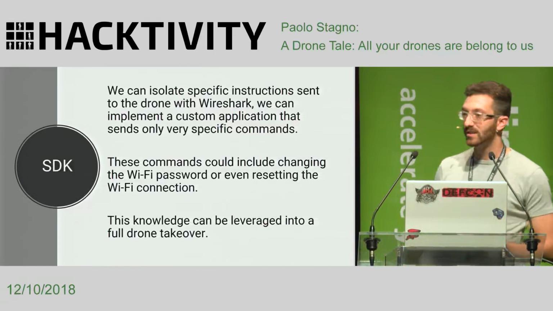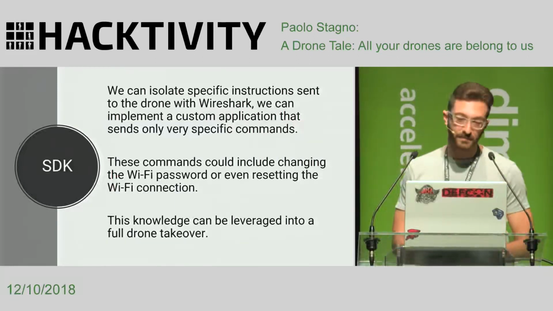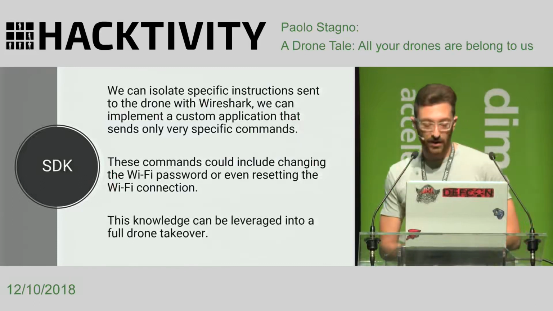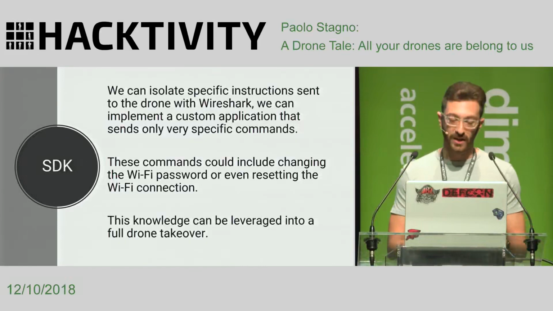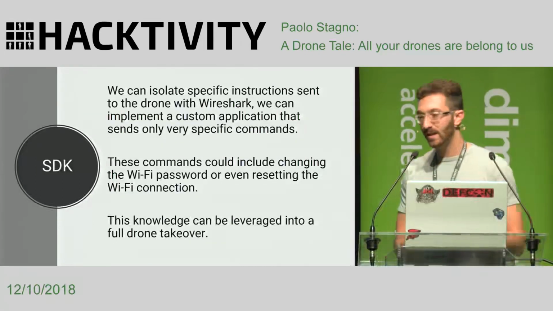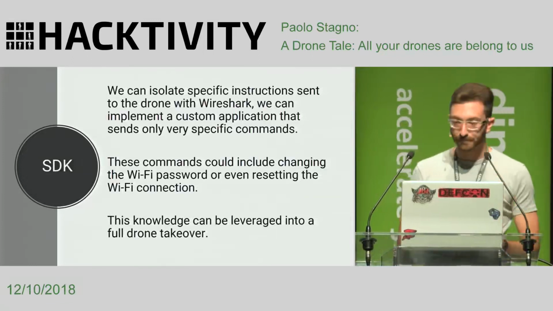But in the end, with some hammer technique, I managed to make it work. The main idea of the SDK is that DJI provides an SDK, and you can build your custom application on top of it.